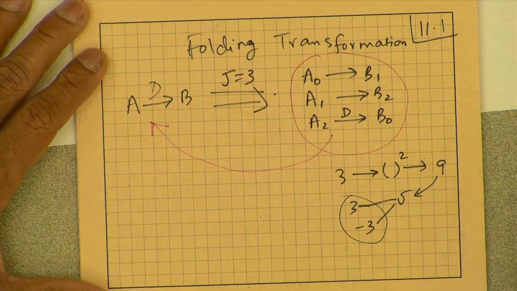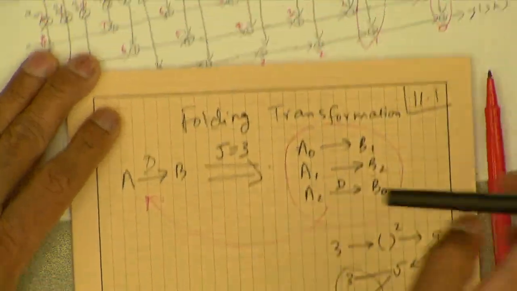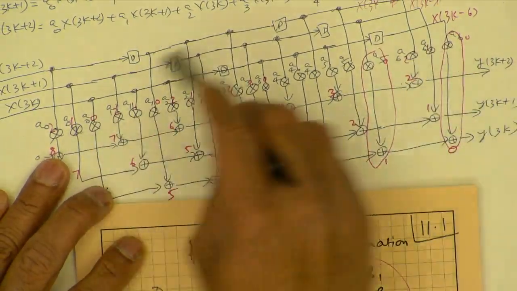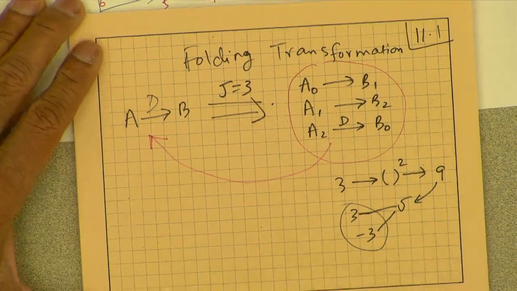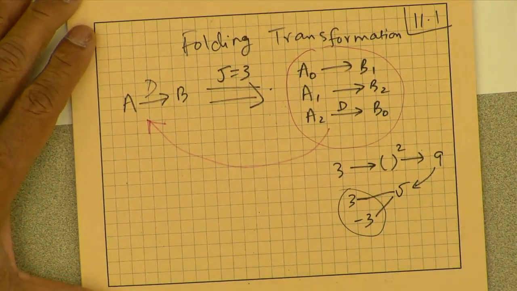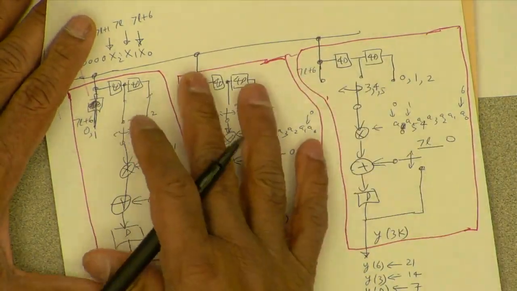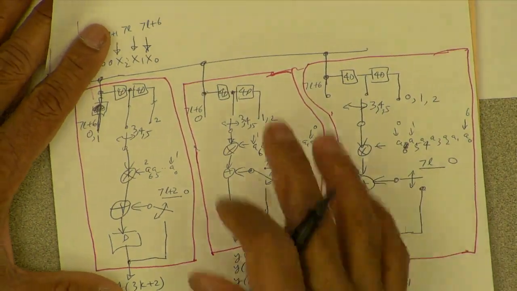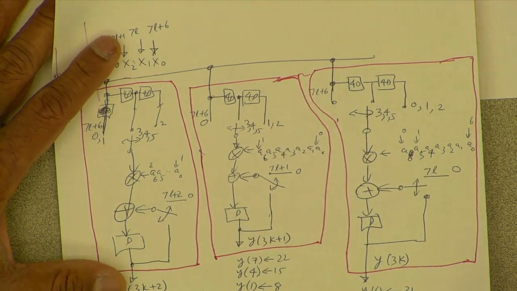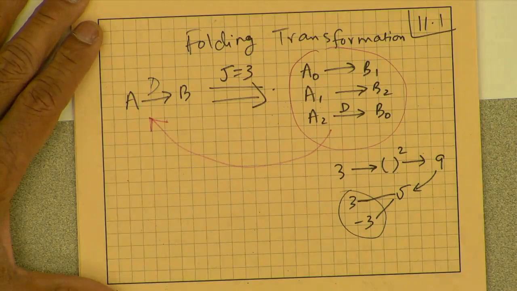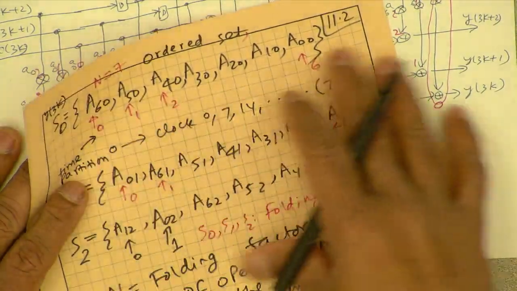So the folding transformation is a general way to design a time multiplexed data path for a specified folding set. For any given folding set and given data flow graph, think of this as the algorithm data flow graph, and given the folding set, we can derive the hardware architecture, which would be the solution here. We can derive this solution by applying the folding transformation to this data flow graph using these marked folding sets.